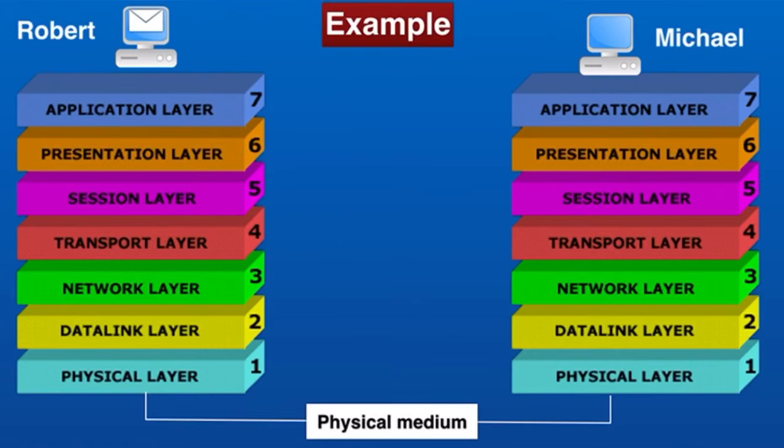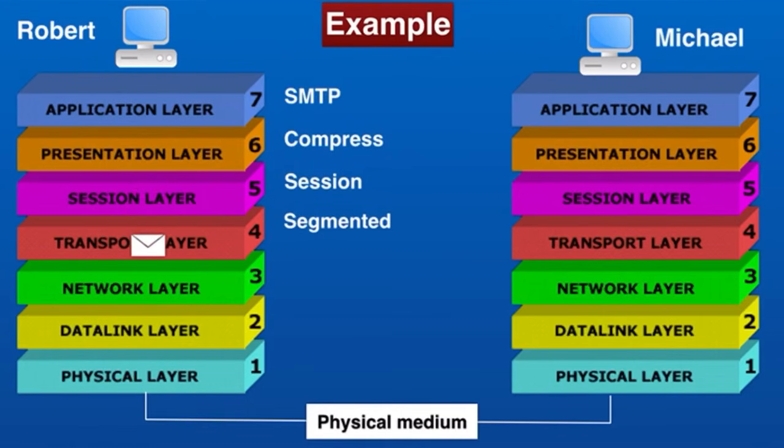His email application passes his message over to application layer, which picks up protocol SMTP and passes the data along to presentation layer, which compresses the data and forwards to session layer, which starts a communication session. Data then hits transport layer, where it is segmented.